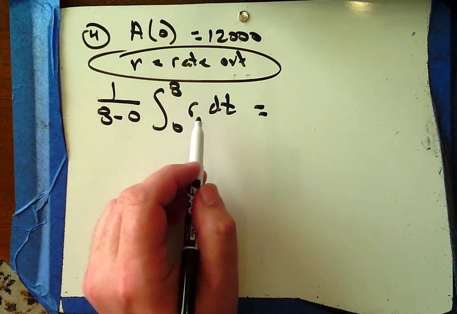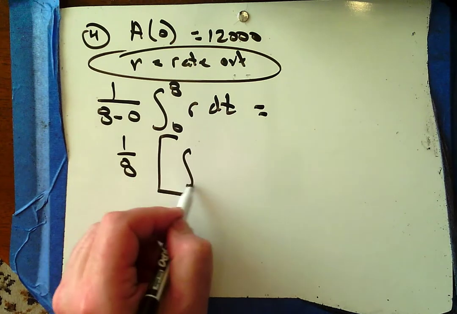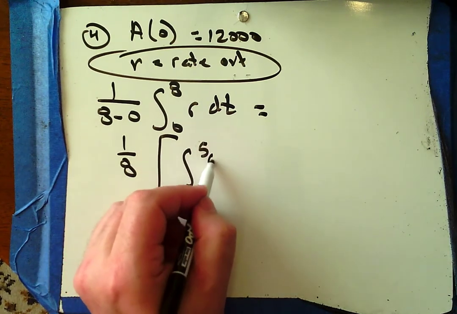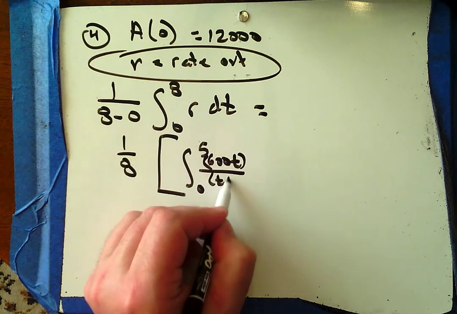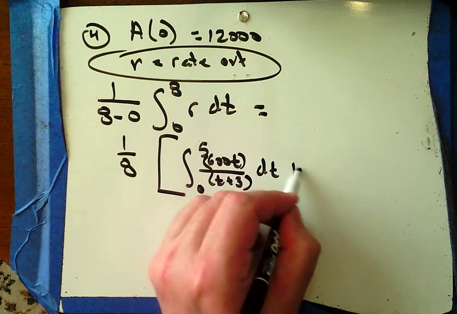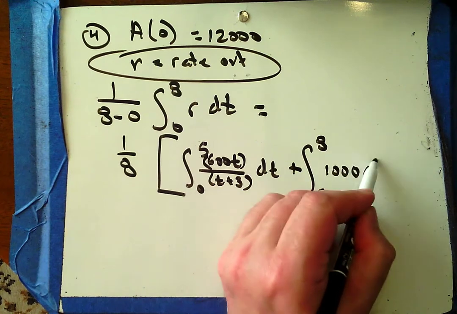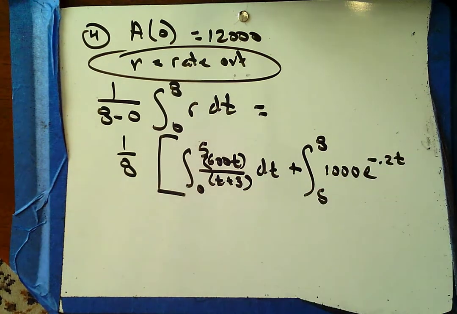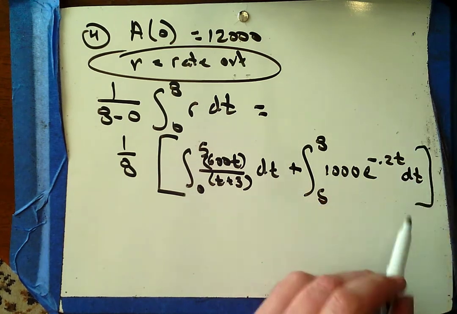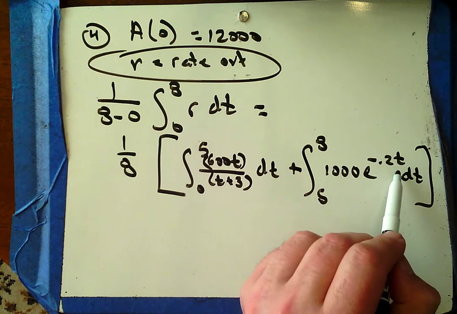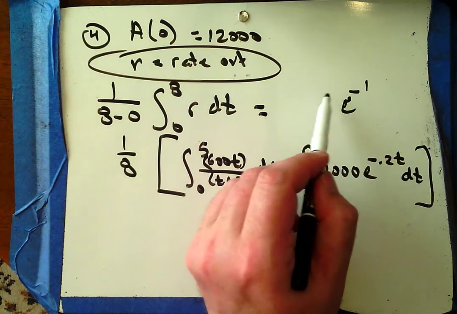Remember how rate was defined as a piecewise function, and so I think I really want to think about this as the integral from 0 to 5 of 600t, don't forget parentheses, divided by, don't forget parentheses, dt, plus the integral from 5 to 8 of 1000 e to the negative 0.2 t dt.